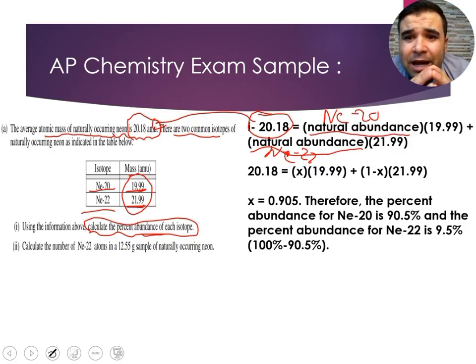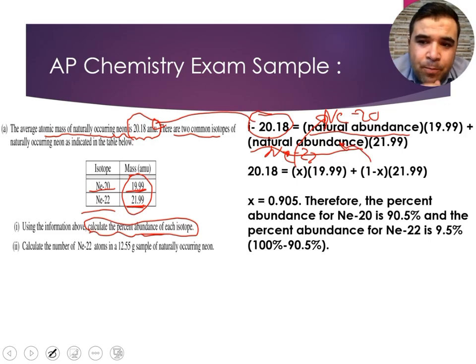Mathematically we can say that neon 20 is x, and then neon 22 is 1 minus x. In order to calculate the abundance, we'll calculate the abundance of one isotope, and then use that to calculate the abundance of the other isotope. As I told you, instead of the natural abundance of neon 20, we have written x, and instead of the natural abundance of neon 22, we have written 1 minus x.